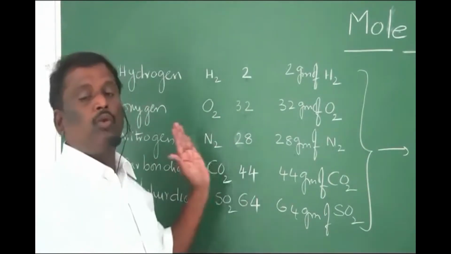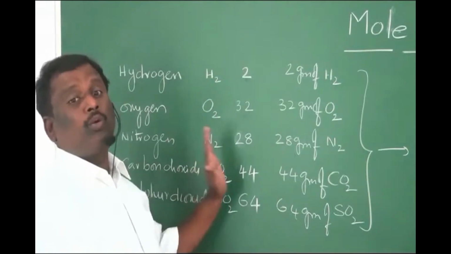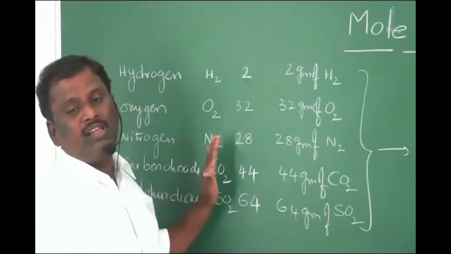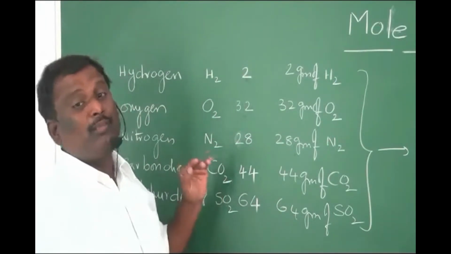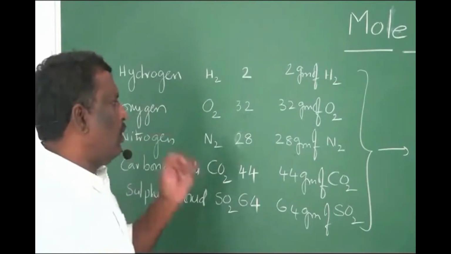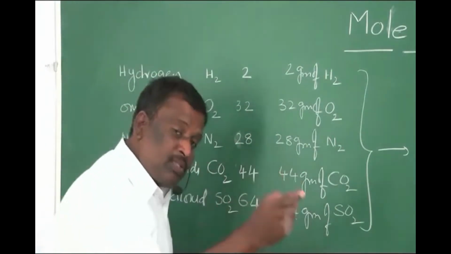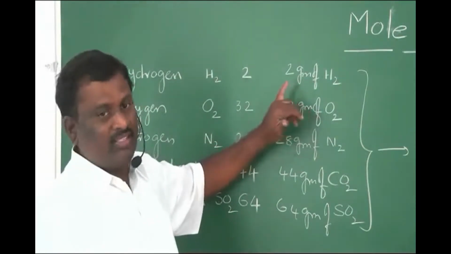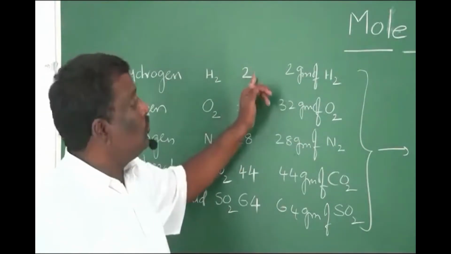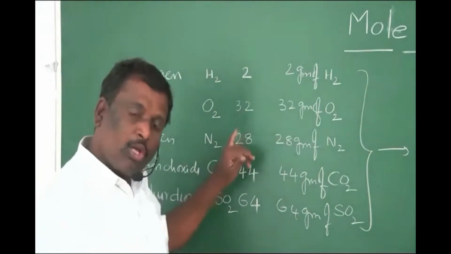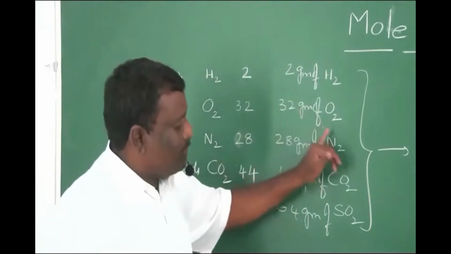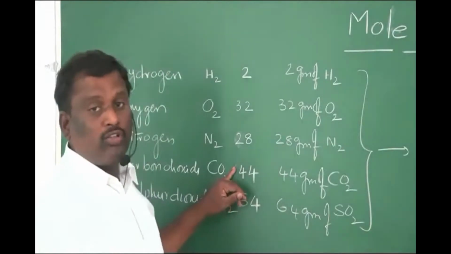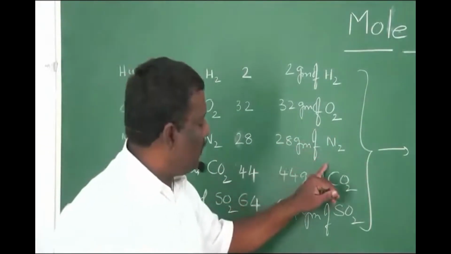They are simple numbers which denote how many times heavier particular molecules are than 1 AMU, which is a basic unit. Now, if you take any substance in grams equal to its molecular weight, that is, the molecular weight of hydrogen is 2, so 2 grams of hydrogen. Oxygen molecular weight is 32, so 32 grams of oxygen. Molecular weight of nitrogen is 28, so 28 grams of nitrogen.